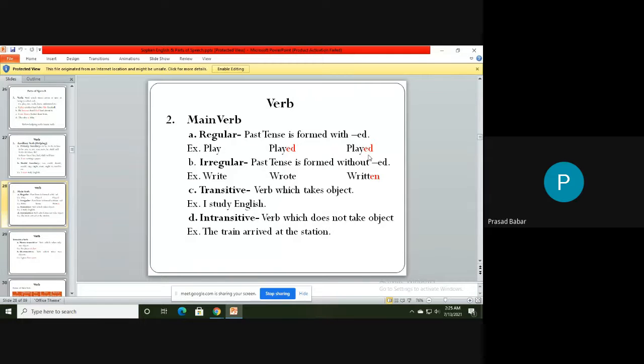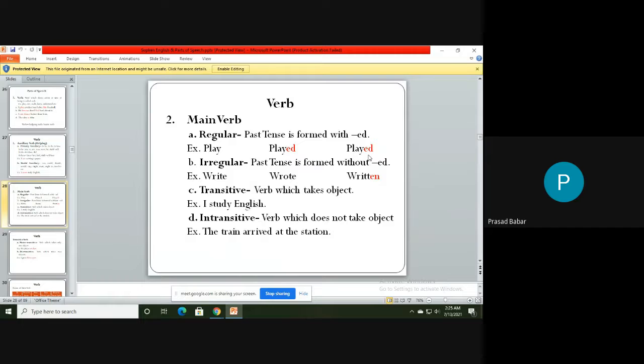For example, if we take write as a verb, its past tense will be wrote, and its past participle or third form will be written. So there is irregularity in this form of verb.